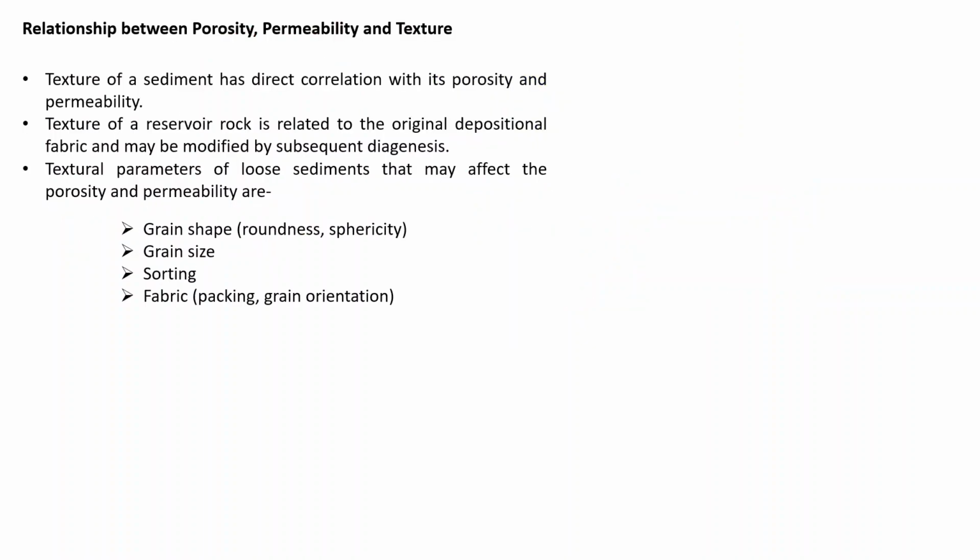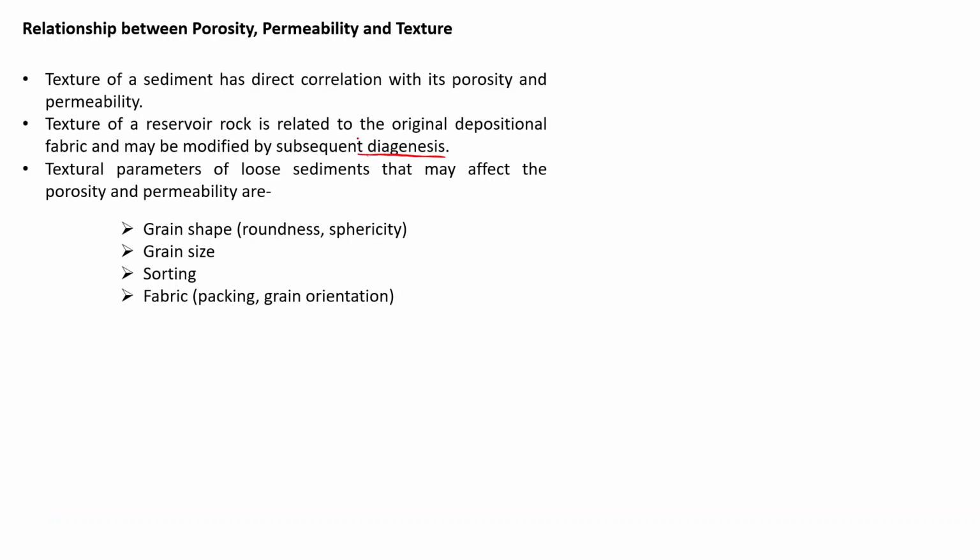Okay, now that we have seen what is porosity and what is permeability, let us see the relationship between porosity, permeability, and the texture. Because the texture of the rocks has a direct correlation with porosity and permeability. The texture of a rock is related to the original depositional fabric, and the fabric may also be changed by the subsequent diagenesis.